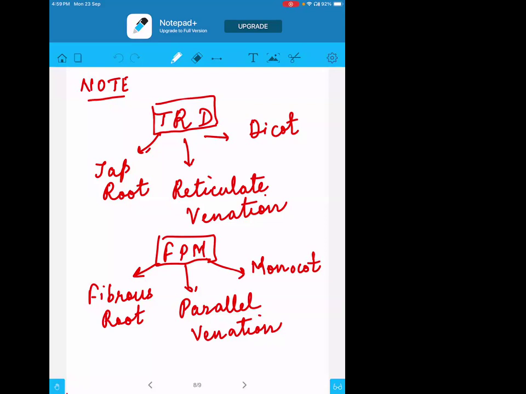Then children, Harshit, Neha, Adya, Trilokya, done? Yes, ma'am. Okay.